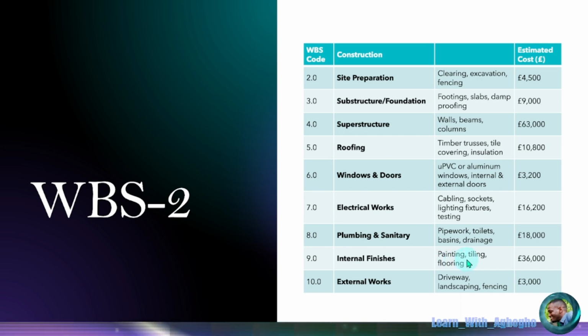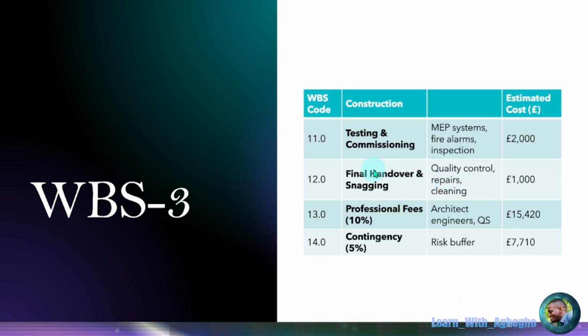It has to do with the painting, tiling and flooring of the building. And these are the costs of these activities. We also have our external works, which is the driveway, landscaping and fencing of the structure. On the next part of our work breakdown structure, we'll be looking at testing and commissioning.